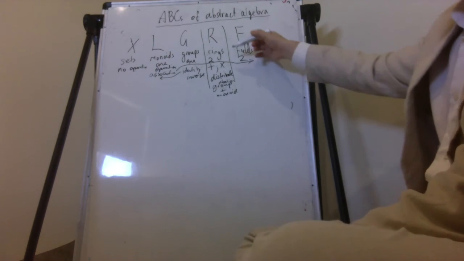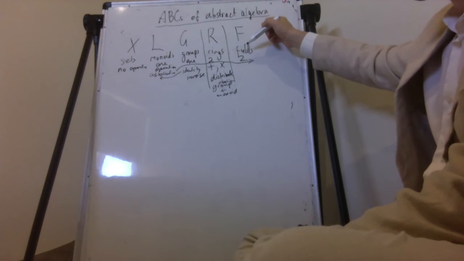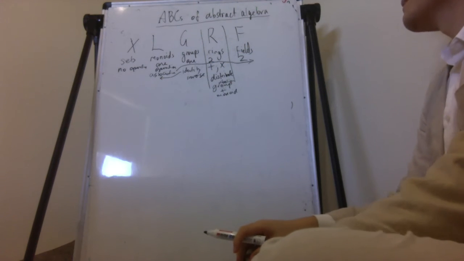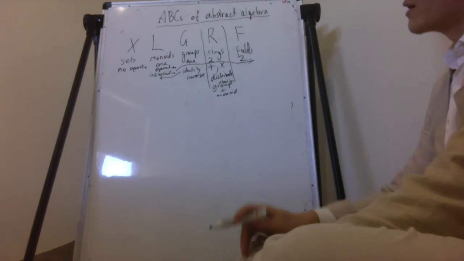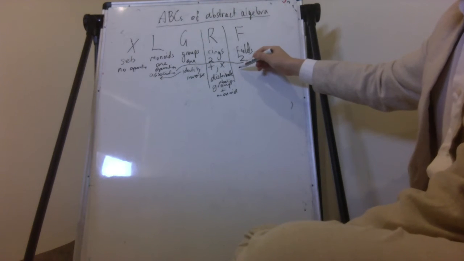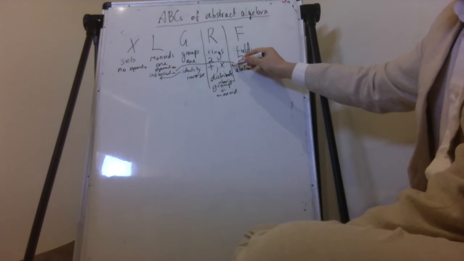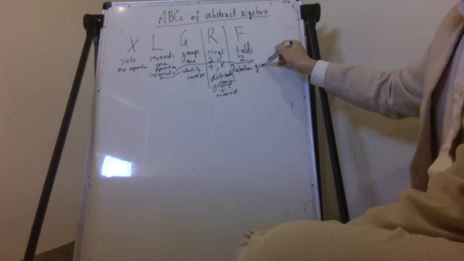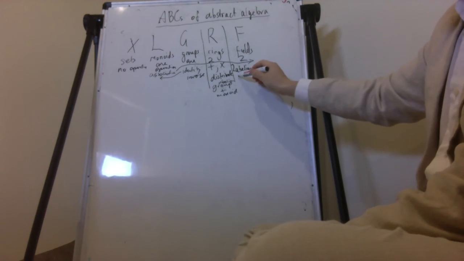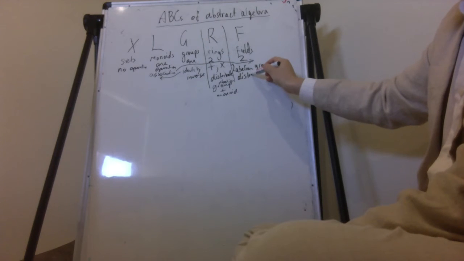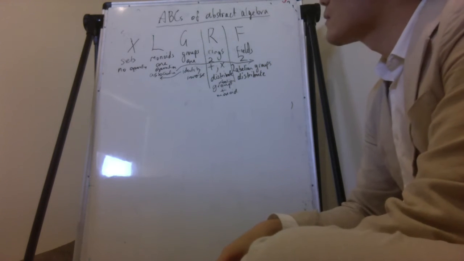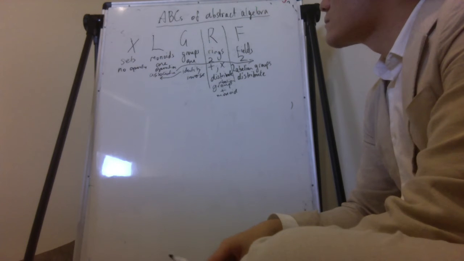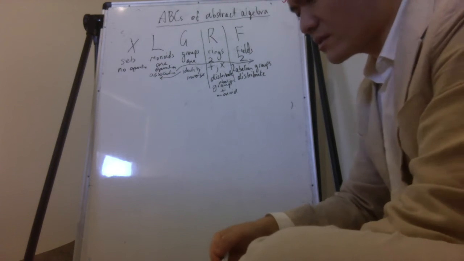And a field is basically a ring where everything has an inverse and they commute, okay? So it's basically two abelian groups, one distributing over the other, okay? Does that make sense?